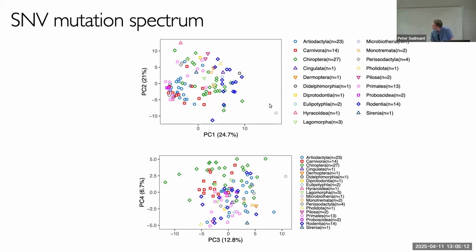But actually, it's kind of crazy, right? You see rodents are all on this side of the PCA, and who are these blue guys? I don't know. Whoever that is. What is an artiodactyl? I don't know. Like an anteater or something? Anyway, the point is that there's stuff happening here.